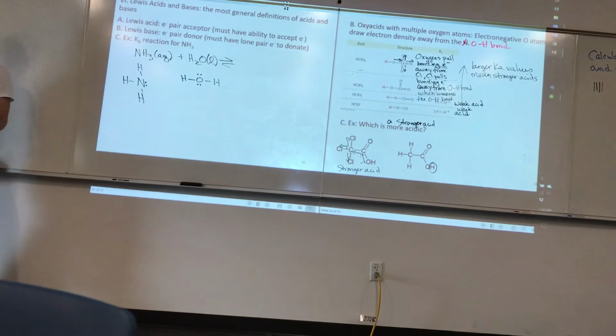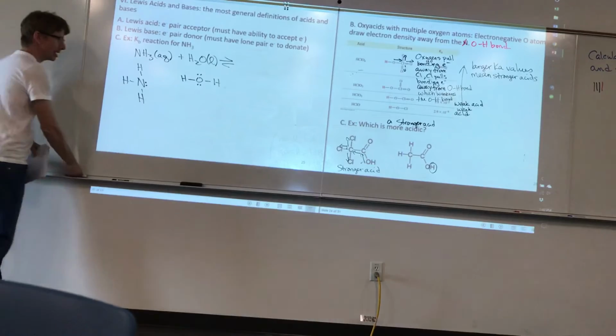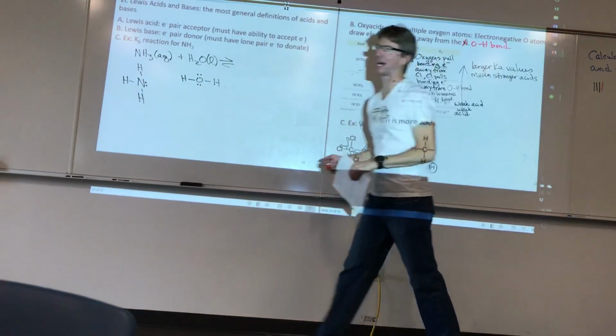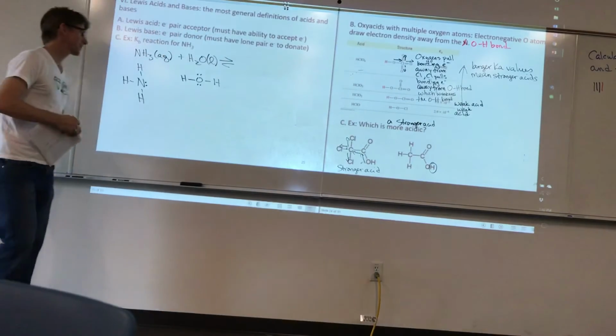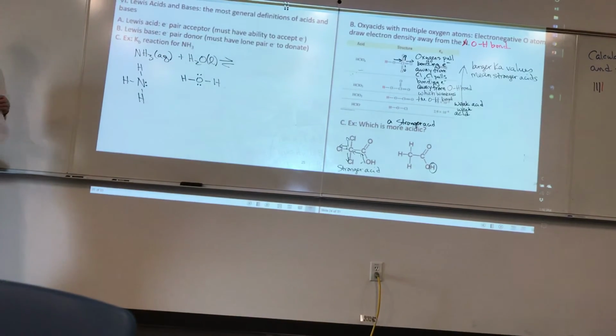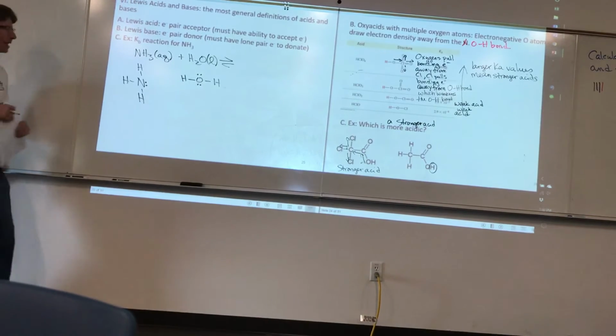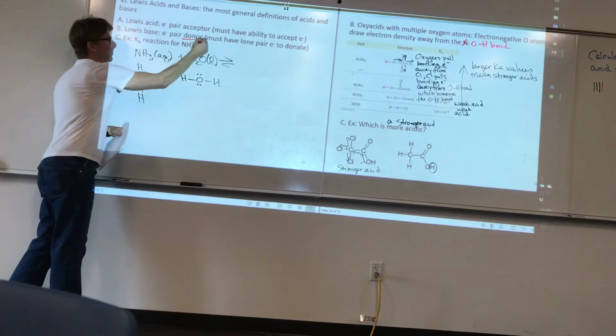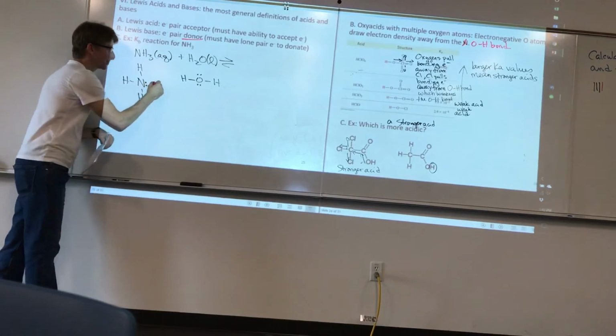Now we're going to start thinking about acids and bases in terms of the electrons. And this is something that you will do all the time should you be fortunate enough or unfortunate enough to be taking organic chemistry in the future. But now we're going to think of it as this electron pair being donated.